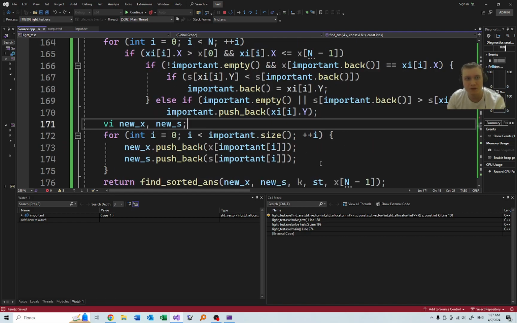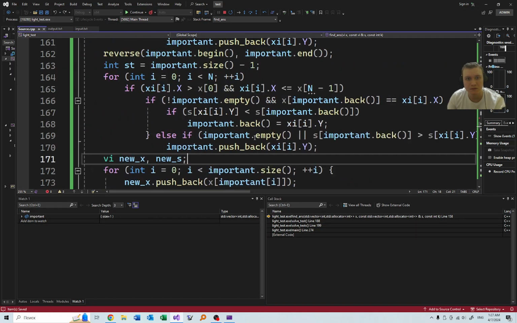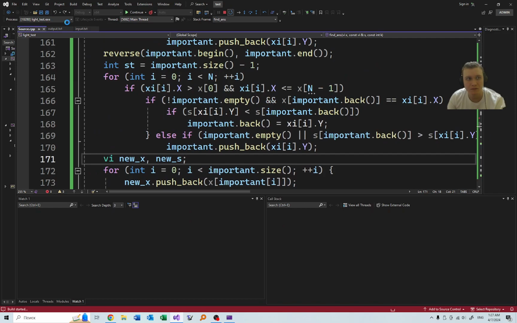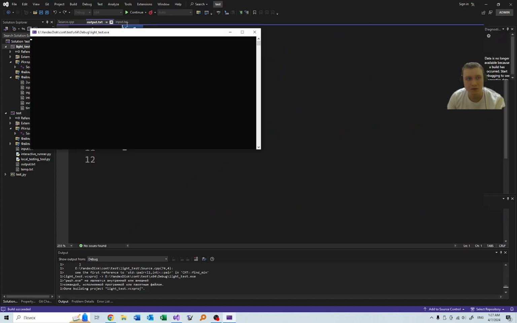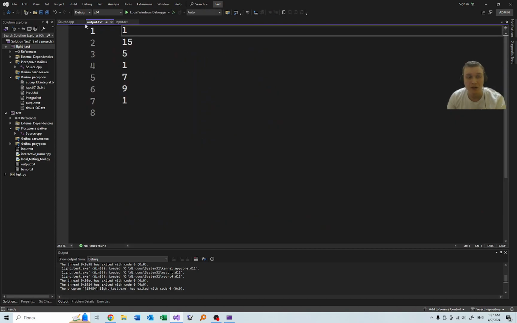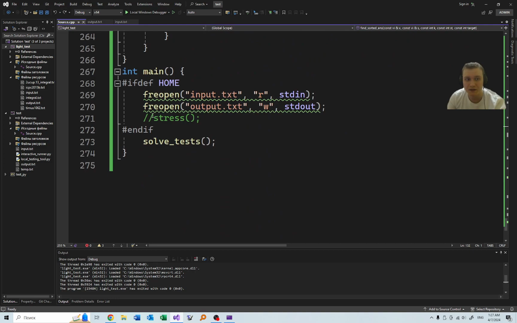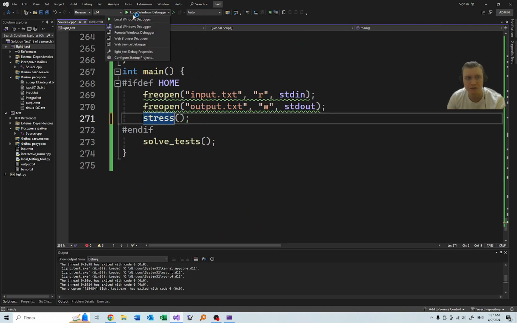Stupid Visual Studio. Okay, now it finds the answer 1. And we can again continue, not the binary search, but the test search.